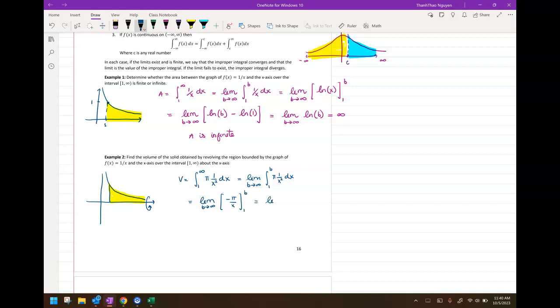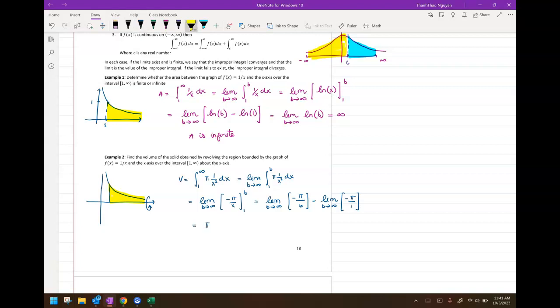This equals the limit as b approaches infinity of negative pi over b minus the limit of negative pi over 1. As b approaches infinity, negative pi over b becomes 0, and negative pi over 1 is negative pi, with the negative out front it makes pi.